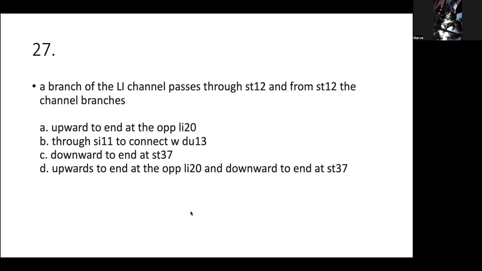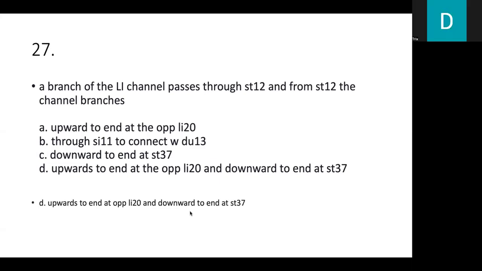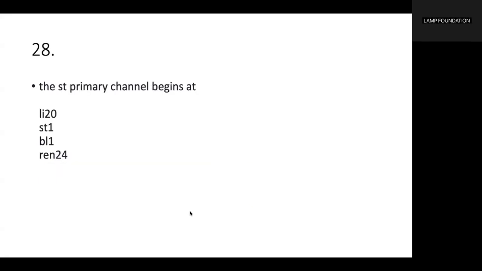A branch of the LI channel passes through stomach 12, and from stomach 12, the channel branches where? Letter D, upwards to end at the opposite LI 20, and downward to end at stomach 37. The stomach primary channel begins where?